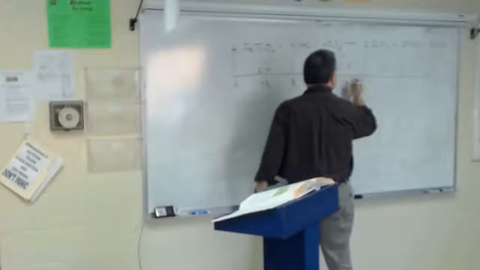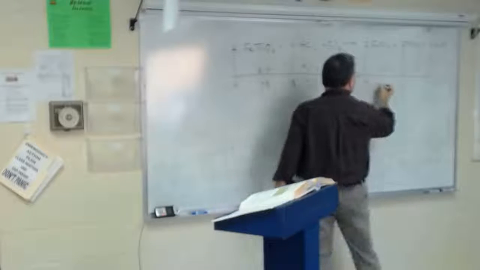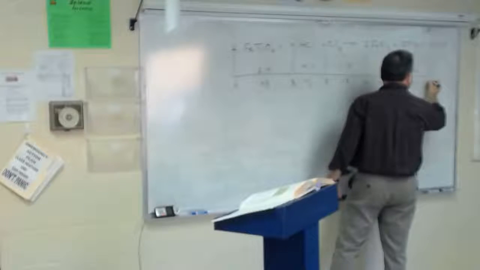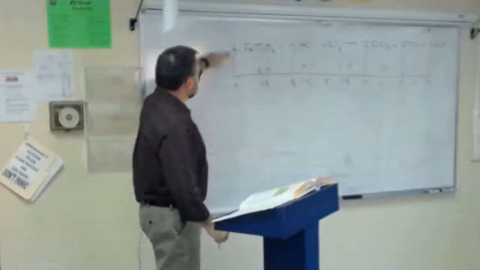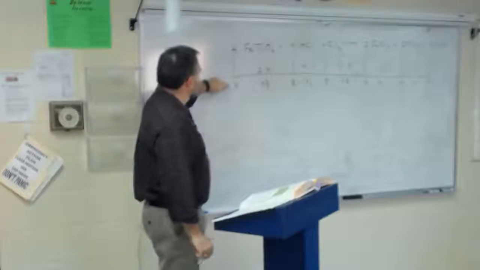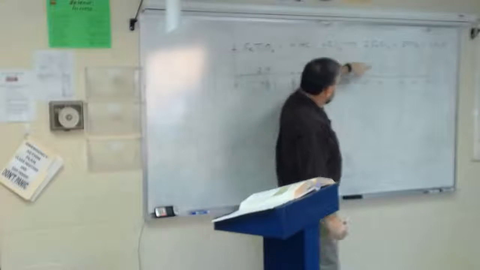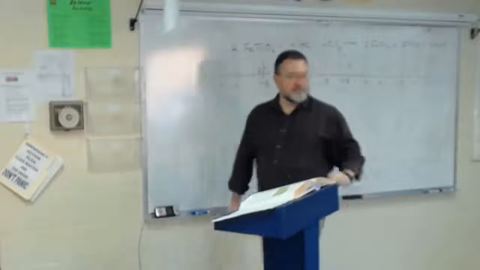Or excuse me, yeah, 2 over 1 times 1, 4 times 1. Okay? Remember, I started with twice as much, and I have twice as much, twice as much, twice as much.